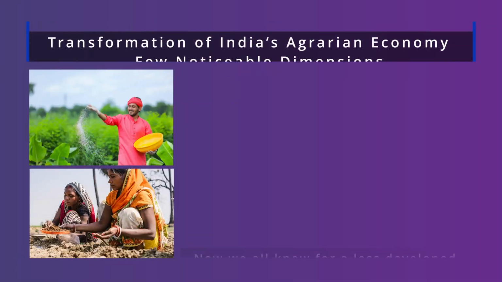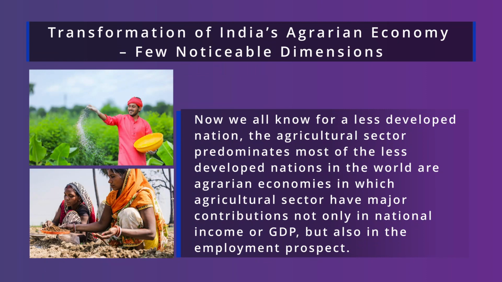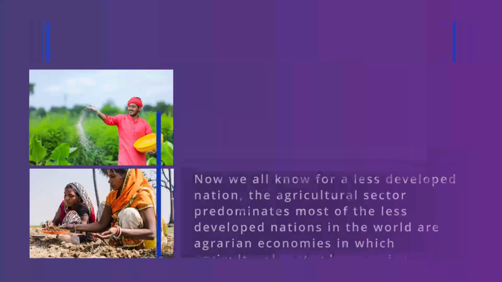We all know for a less developed nation, the agricultural sector predominates. Most of the less developed nations in the world are agrarian economies in which the agricultural sector has major contributions not only in national income or GDP but also in the employment prospect.